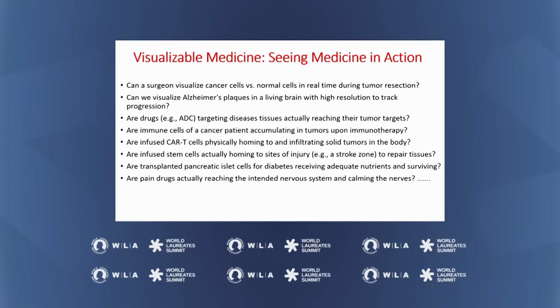And when you do ADC, antibody drug conjugate delivery, are these drugs actually reaching the tumor? Can you see them? How do you know the drug is getting to where you want? The questions go on and on in medicine. In CAR T immunotherapy, are the T cells actually going to the tumor to kill the cancer cells? How do we know?